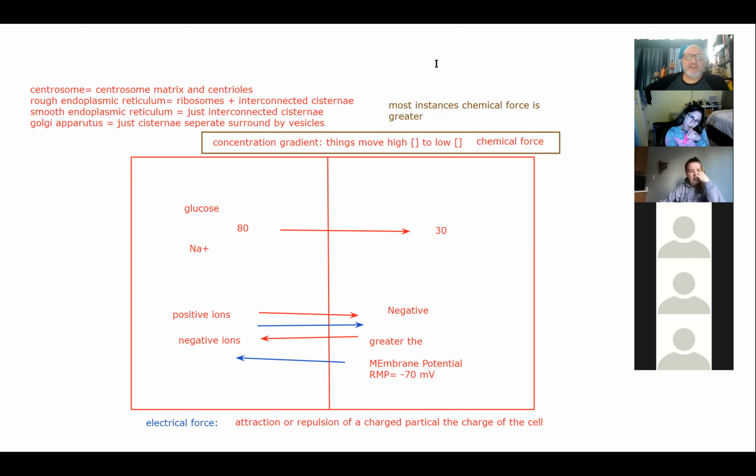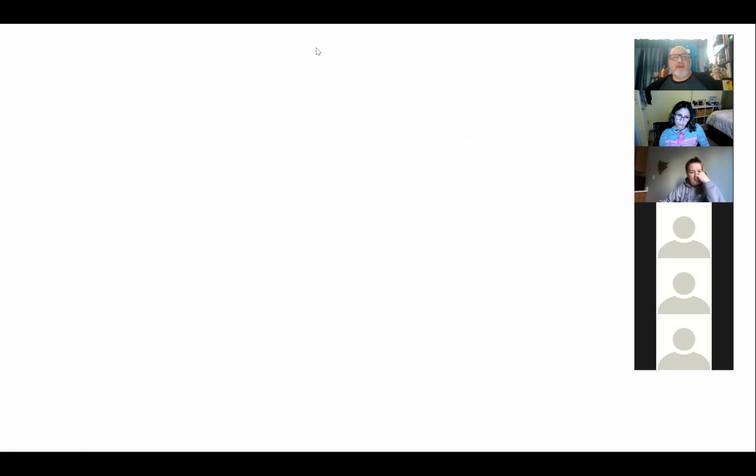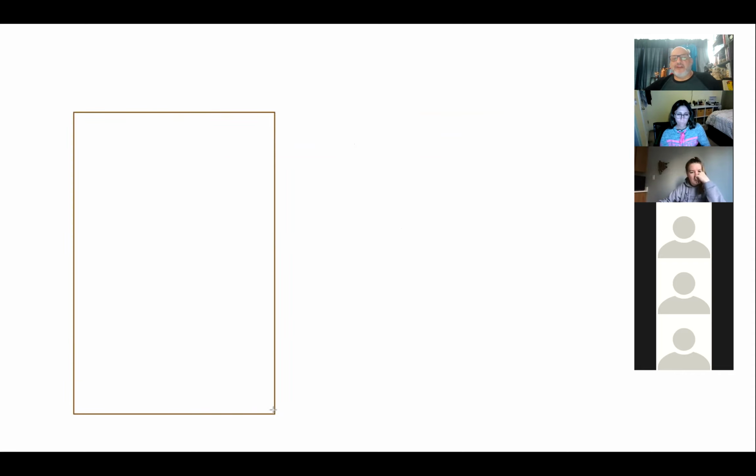Well, the membrane potential is a measure of the number of negative things versus positive things inside and outside of the cell. So when a cell is at rest, there's more negative things inside the cell, so the cell is more negative on the inside. Oh, that makes sense now. Excellent. Those are words I love to hear. Any other questions on that before we move to the next question I see?